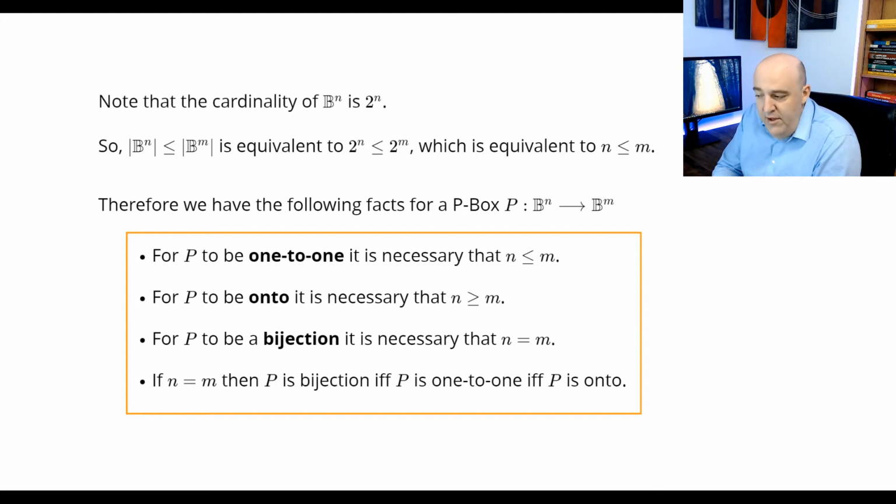It's not a guarantee, but it's necessary. If we want P to be onto, we need that n be greater than or equal to m. And for P to be a bijection, n better be equal to m. And if n is equal to m, then the conditions that P be a bijection, P being 1-to-1, and P being onto are all equivalent. So if you have one, necessarily you'll have the other two.